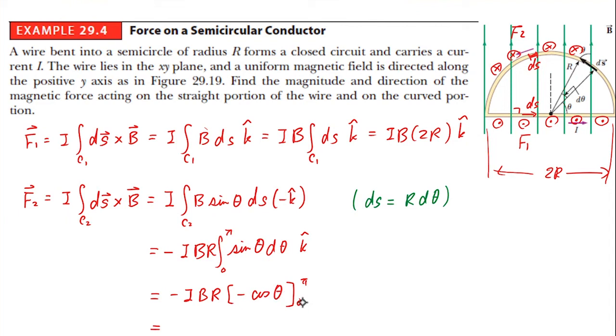If we substitute, this gives you 1 minus negative 1. So this quantity is 2. So we have negative 2 I B R k vector. So it's telling you it's downward, negative sign, and I B R, right? Turns out it's exactly the same amount as this, isn't it?